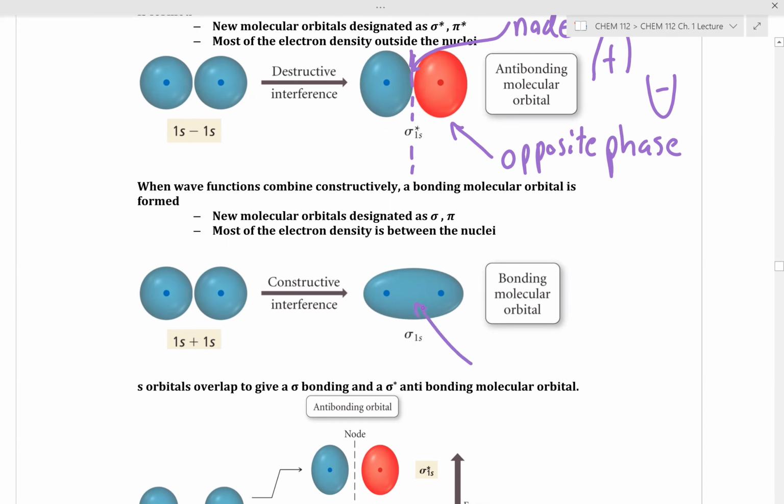If we look between our two atoms, do we have a lot of electron density or a small amount? A lot. There's shared electron density between atoms.